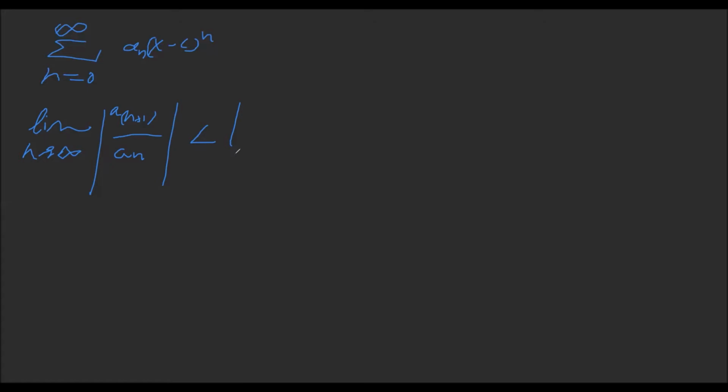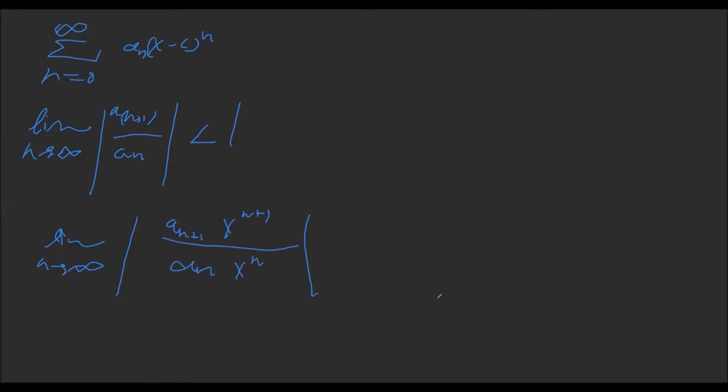Now, this applies to power series. However, x is undefined, no matter what the outcome of the limit is. So for instance, if I were to give you the ratio test of a power series, we'd end up with the limit as n approaches infinity of a sub n plus 1 times x to the power of n plus 1, that is if the function is centered at 0, over a sub n times x to the power of n.